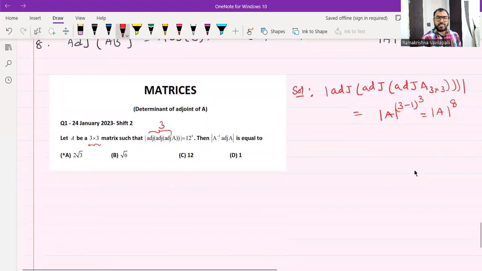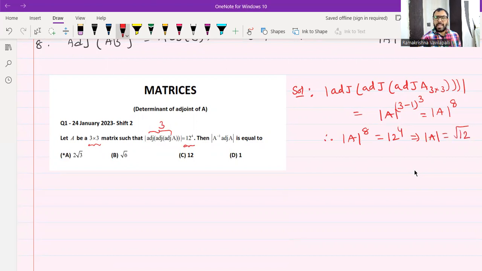This is given as 12 to the power of 4, so det A to the power 8 equals 12 to the power of 4. This implies det A equals 12 to the power of 4 by 8, which is root 12.